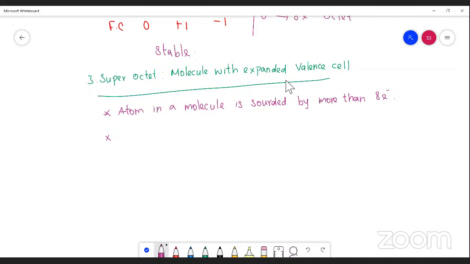Now we are taking examples, that is PCl5 and SF6. Okay, now we are taking the structure of PCl5.